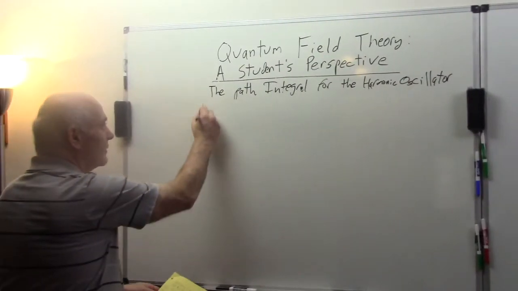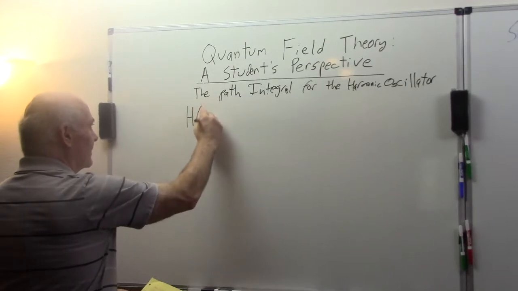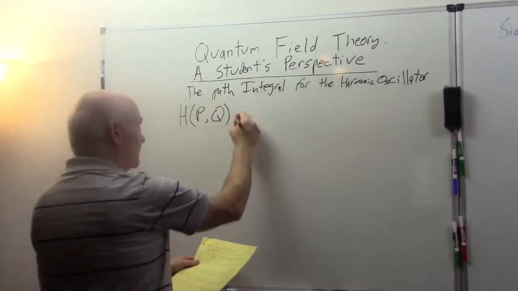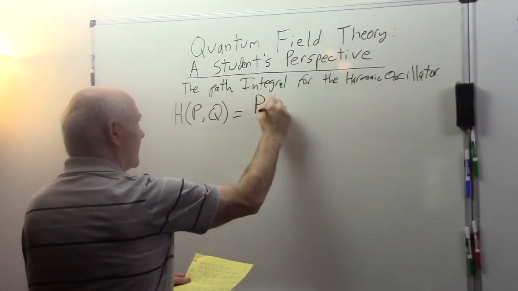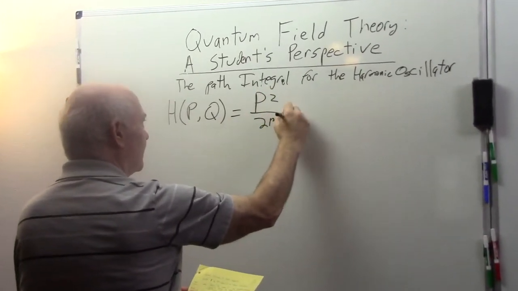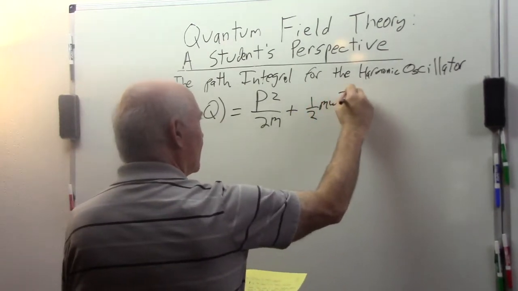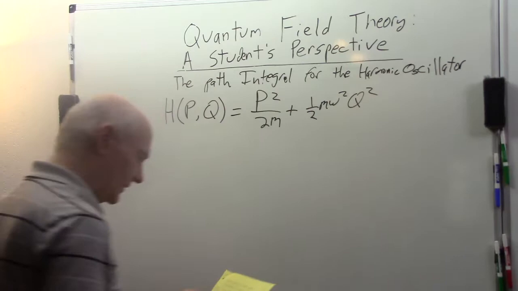And as usual, we write down the Hamiltonian, H of p, q, standard p squared over 2m plus 1/2 m omega squared q squared.